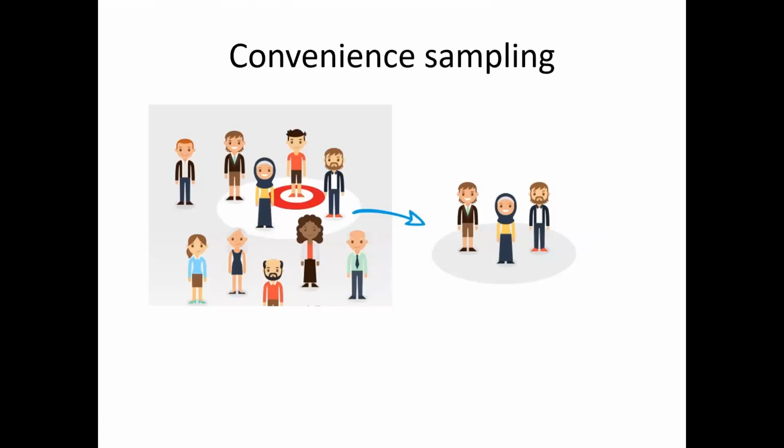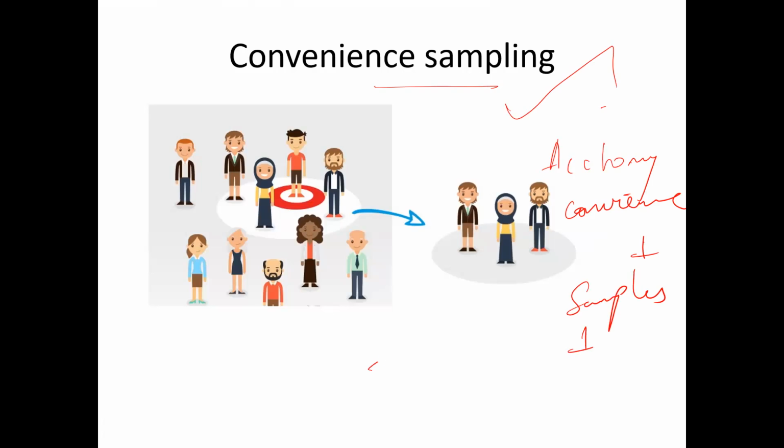Convenience sampling is very easy sampling. This non-probability sampling is the commonly used sampling technique where, according to my convenience, I select the samples.